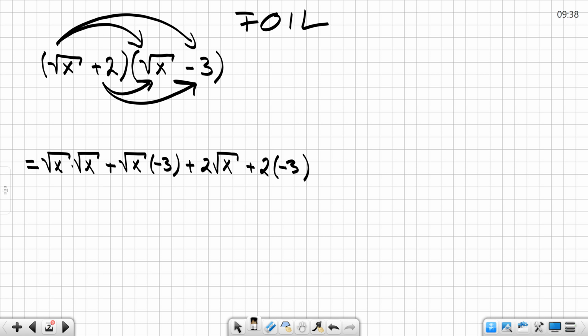If I simplify this, I get the square root of x times the square root of x. Let's write this in-between step. This will be the square root of x squared. The square root of x times a negative 3 is the same thing as negative 3 times the square root of x, plus 2 times the square root of x, minus 6.